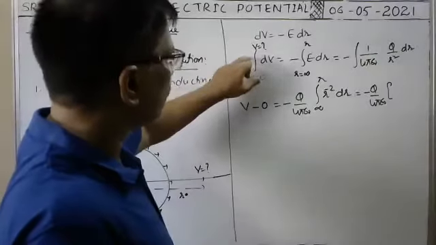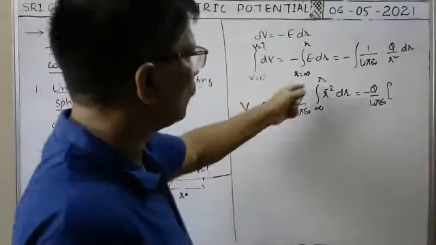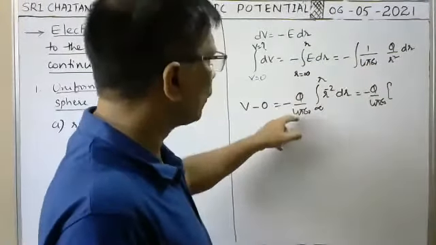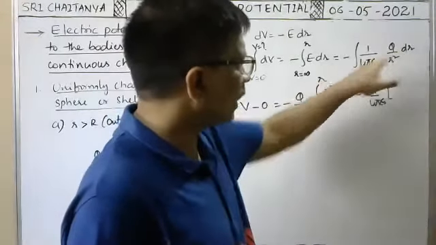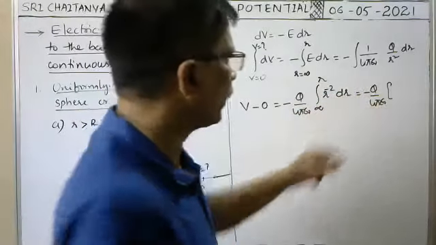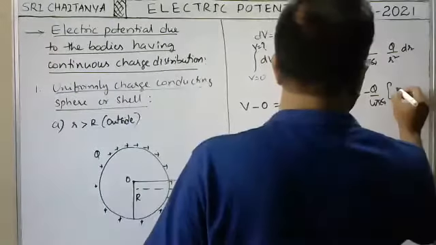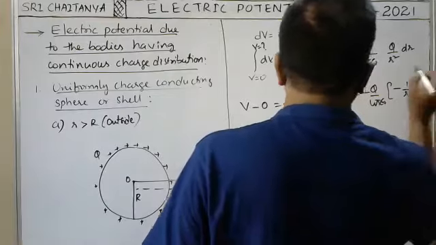Here, when you integrate and substitute the limits, we get V minus 0, that is equal to E, which means 1 by 4 pi epsilon naught into q by r square. So q by 4 pi epsilon naught you write outside. Integral of 1 by r square dr means r power of minus 2 dr, that is equal to minus q by 4 pi epsilon naught into integral of r power minus 2 dr, which means minus 1 by r, with limits infinity to r.